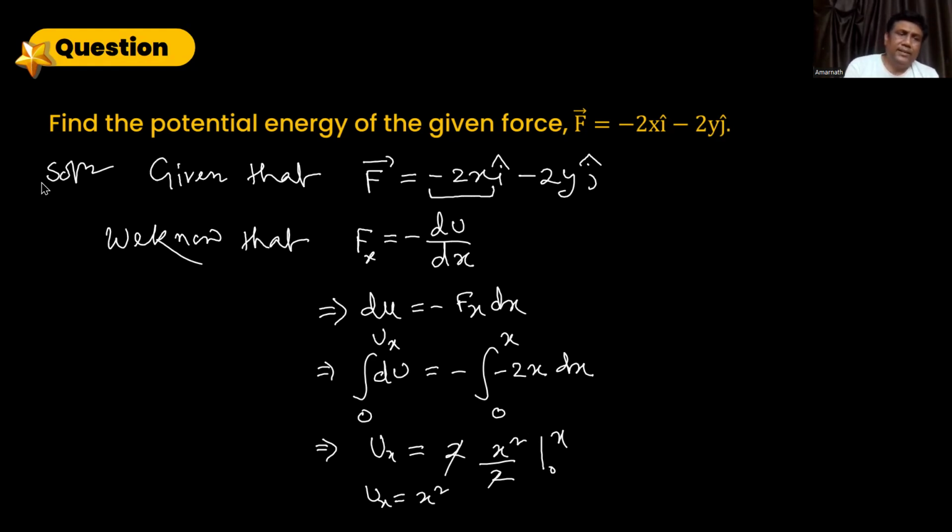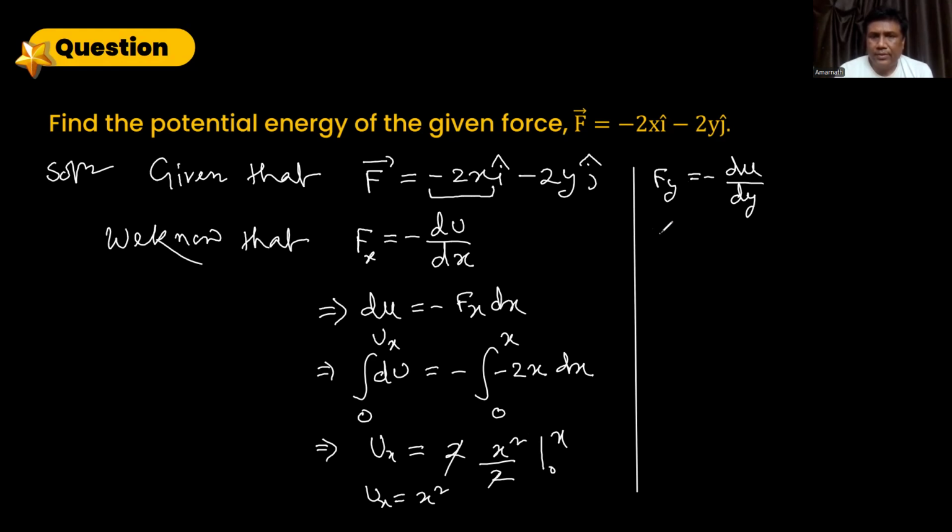Exactly that way, we can say for the Fy part also, Fy is minus du by dy. So du equal to minus Fy dy. So integration of du is minus, Fy is minus 2y, so it is minus 2y dy.